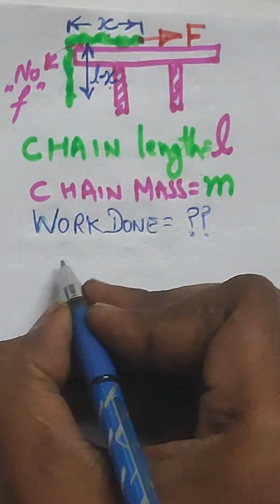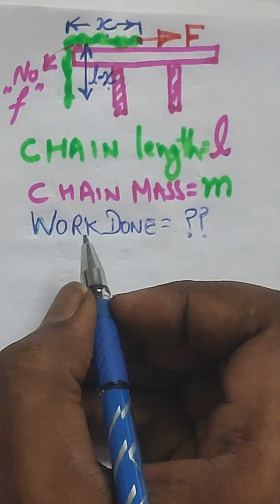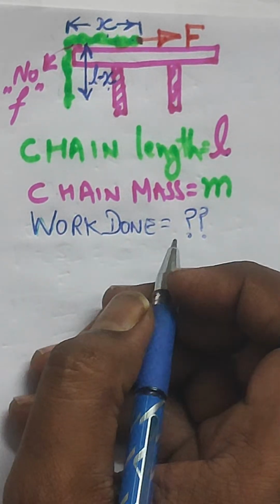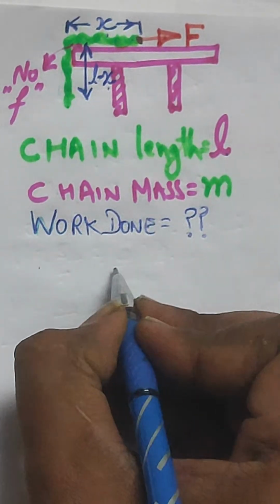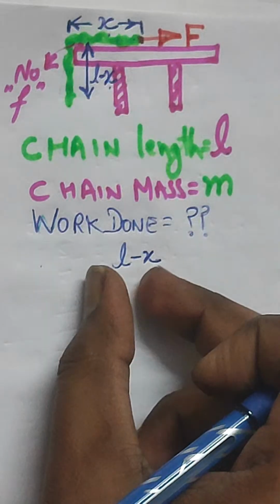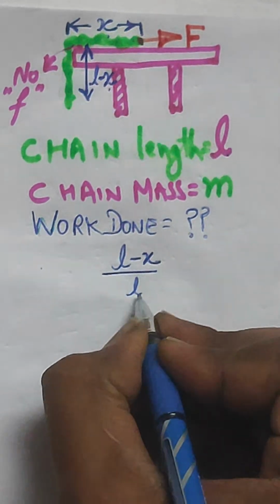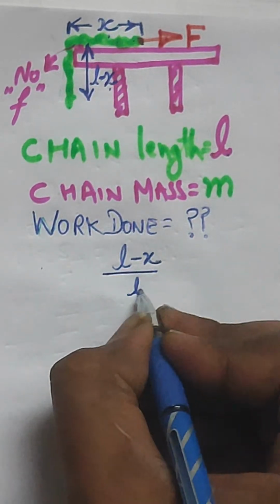So what is the fraction of the chain and how will the weight vary? It is equal to the weight of the fraction of the chain, that is (L minus x) by L. This is the portion which is hanging downward, with respect to the total length.